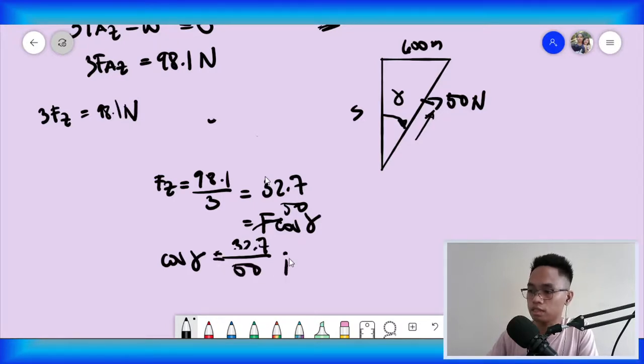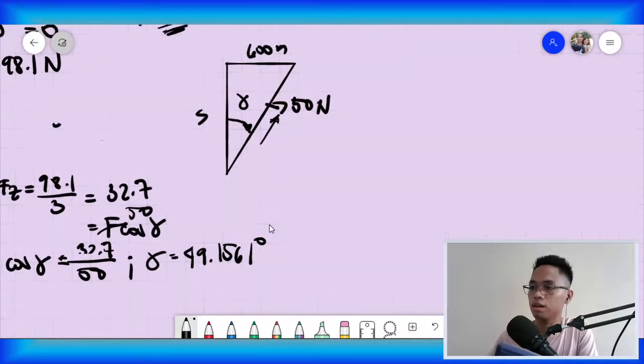So gamma is the arccosine of 32.7 over 50, that is equal to 49.1561 degrees. Now that we have gamma, we can solve S using tangent.